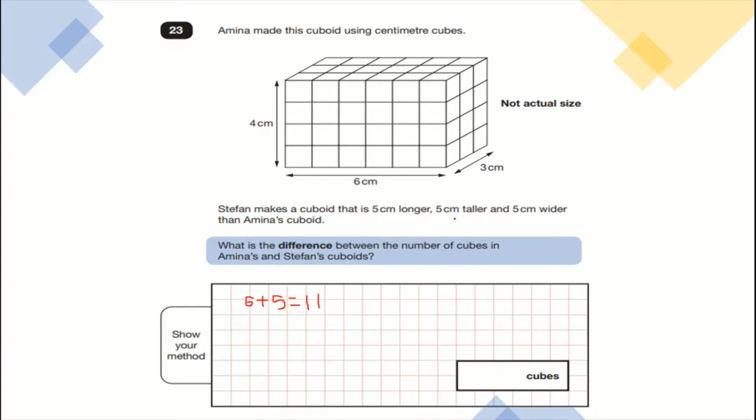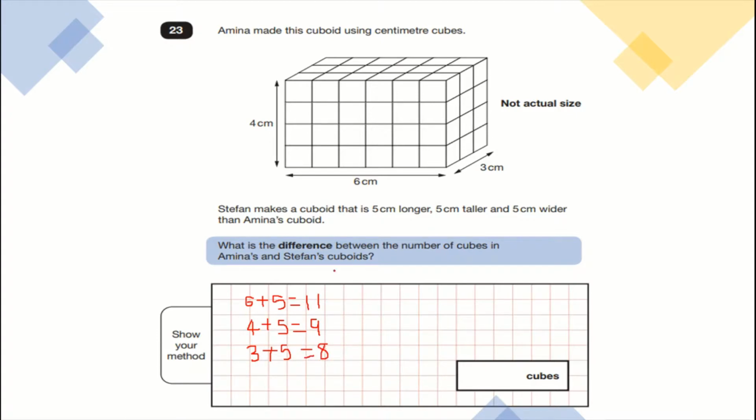And then 5 centimetres taller, so 4 plus 5. This gives us 9. And 5 centimetres wider, so that's 3 plus 5, which gives us 8.